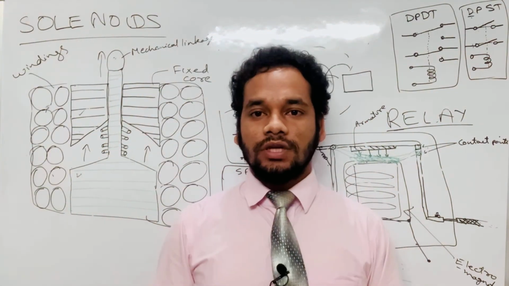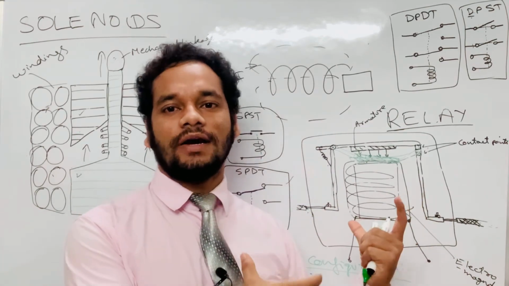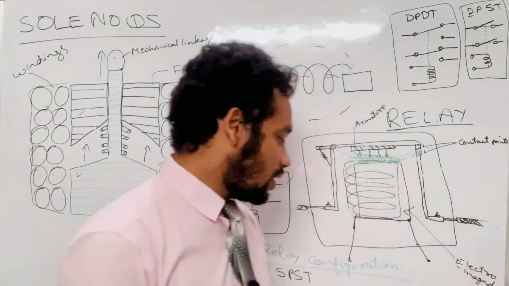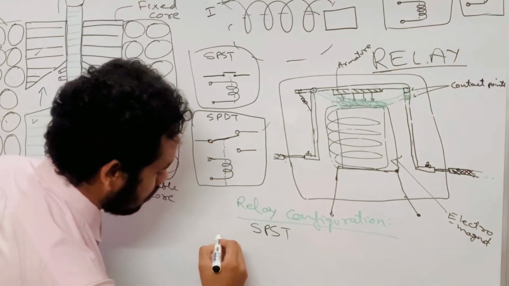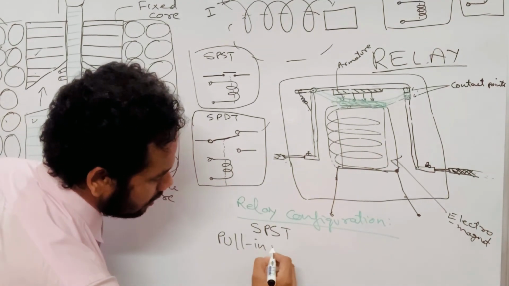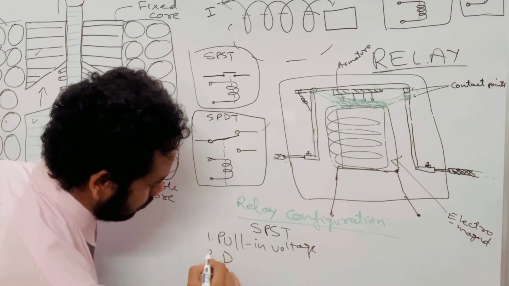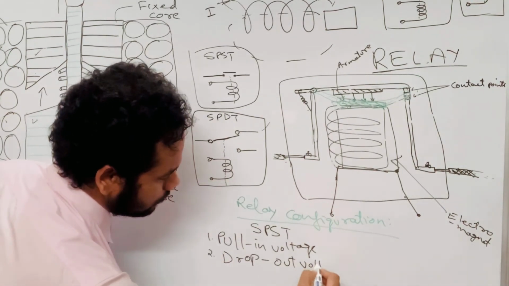Okay, so friends, there are two important terms which you should know, which we have already studied, but I have not told you those terms by name. Those terms are number one, pull-in voltage, and number two, drop-out voltage.